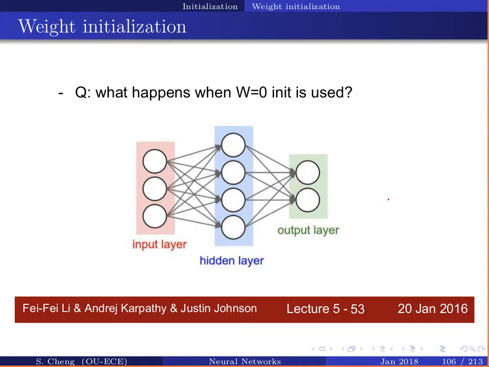Because it's quite natural, right? You have the whole network, you have many weights here, and you need to initialize them somehow. One natural thing you can imagine: how are you going to initialize the weights?